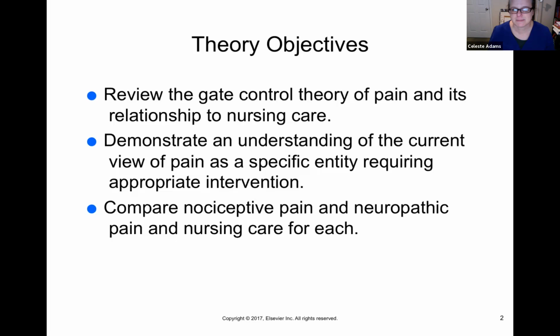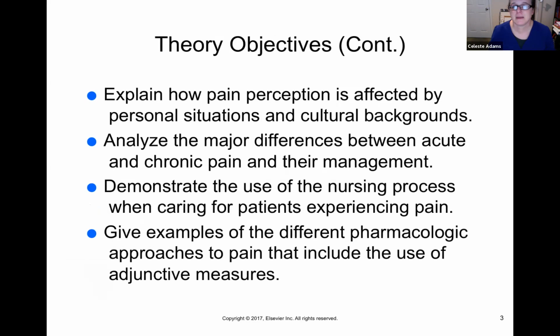Compare nociceptive pain and neuropathic pain and the nursing care for each. We'll go over all these in greater detail. Explain how pain perception is affected by personal situations and cultural backgrounds. Culture affects how people perceive pain. How a patient grew up affects pain and pain perception.